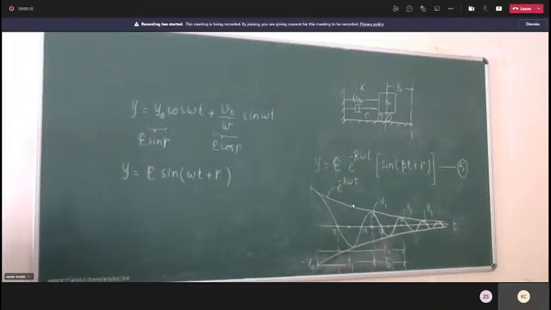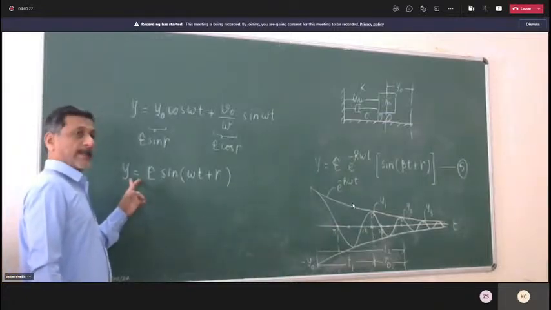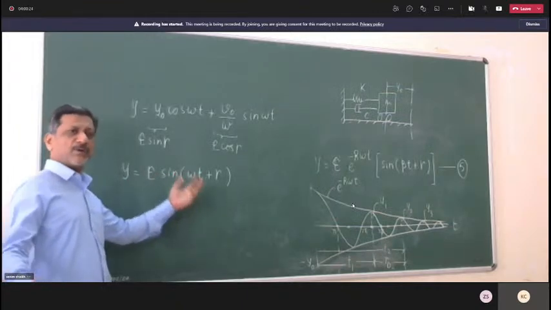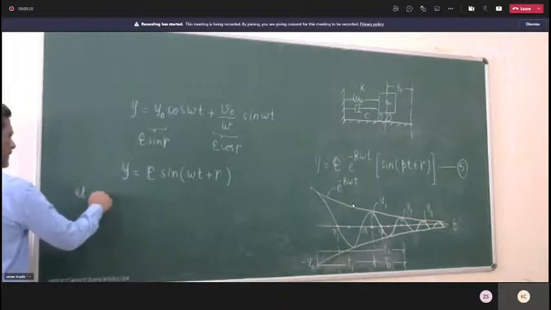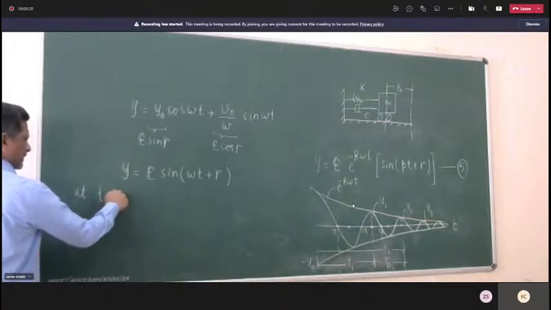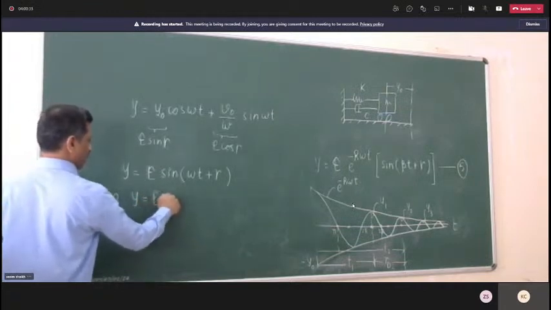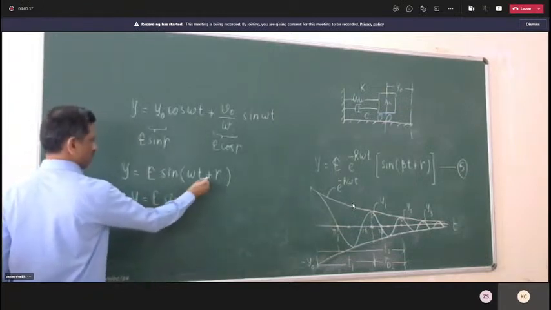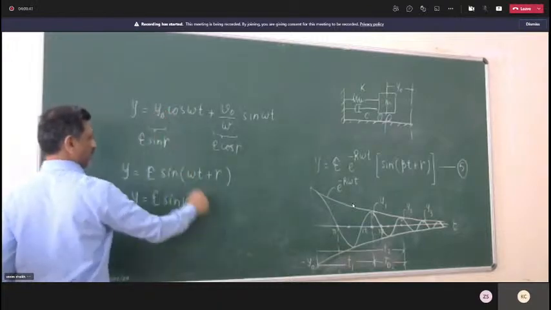And now you can say your graph of y is a graph of sine curve. At t equal to 0, y is E sin gamma, and E sin gamma is nothing but y0.